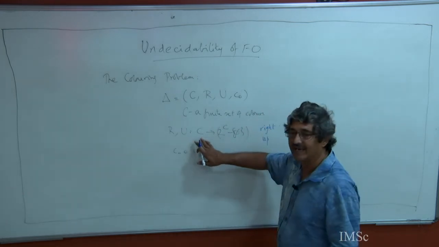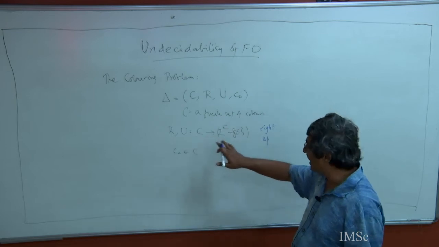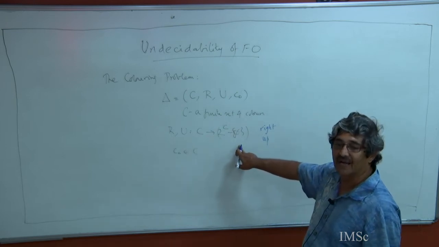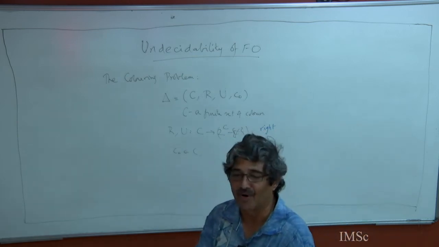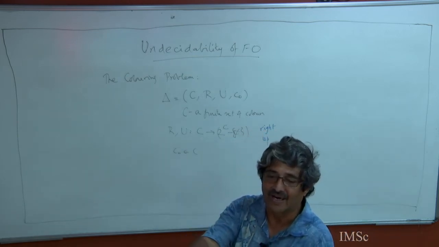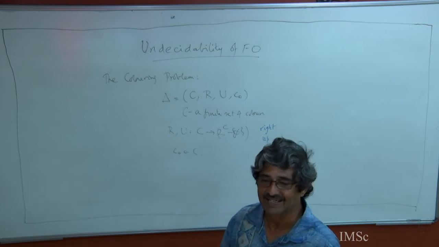If I take any color, R gives the colors that you can have to the right of it. And the up function says, if you have colored a point, above it, what kind of colors you can get. We will just formally define that.